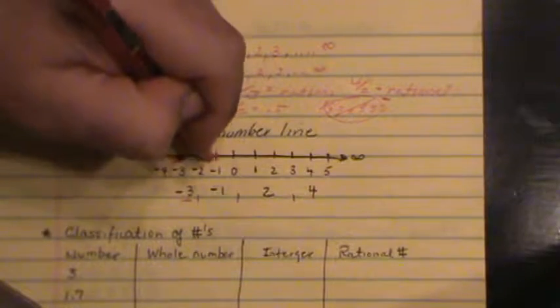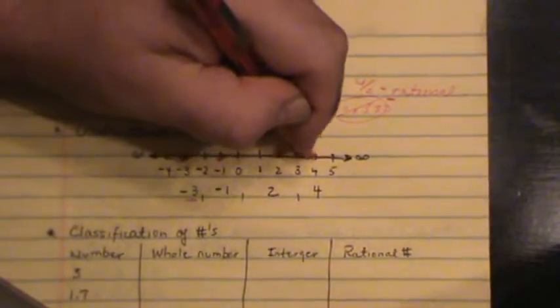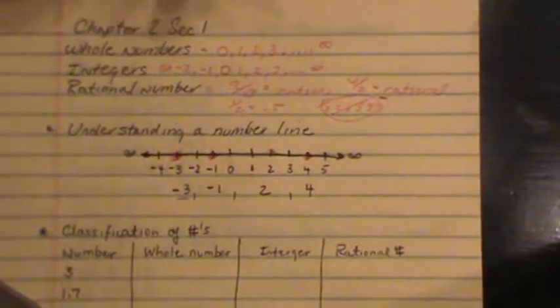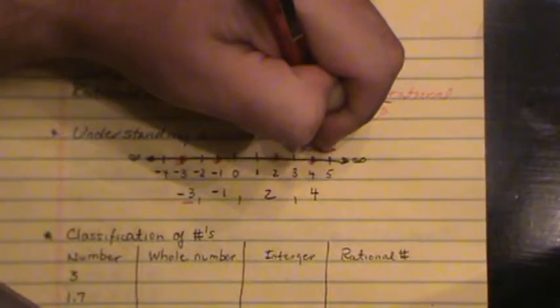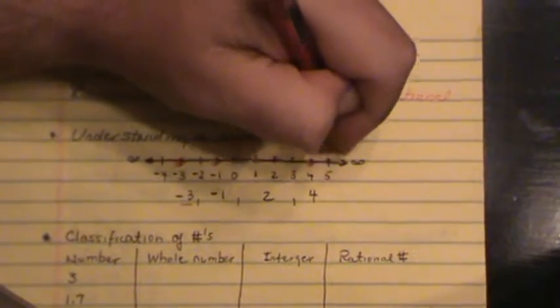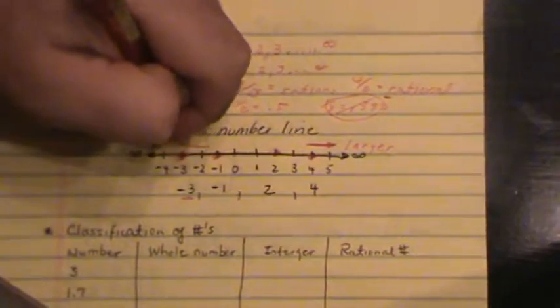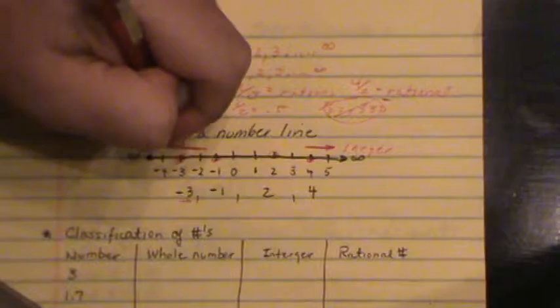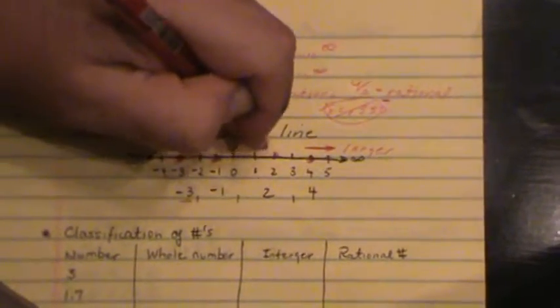Okay? -1 would fall here, 2 would fall here, and 4 would fall here. The key thing to remember about this is this. Any time that you go up this way, it's getting larger. Anytime that I go down this way, the number is getting smaller or less of a value.